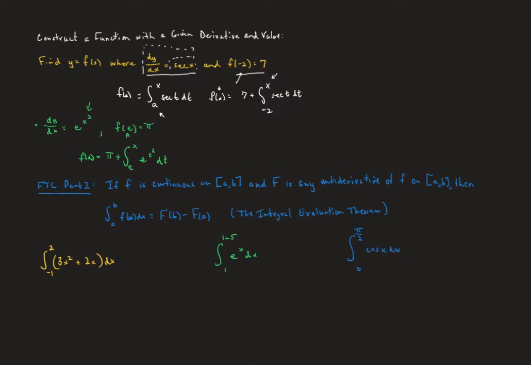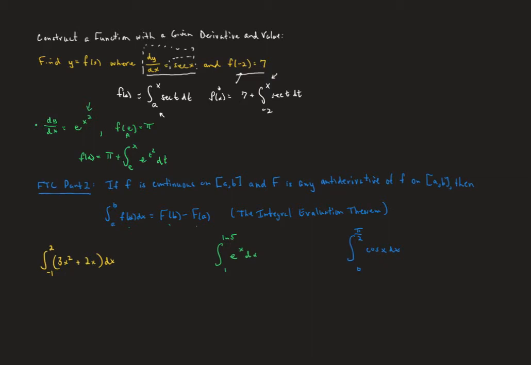The second part of the fundamental theorem of calculus is the integral evaluation part of it. So it says that the integral from a to b of little f of x is an antiderivative evaluated at the upper limit minus the antiderivative evaluated at the lower limit.